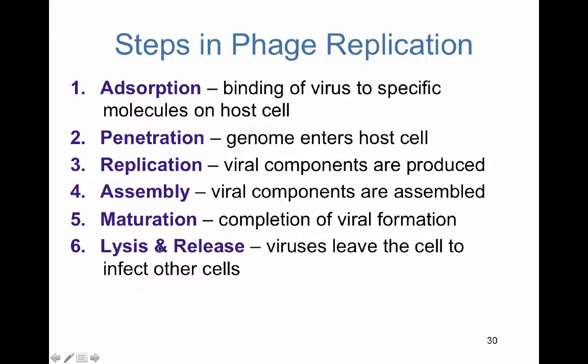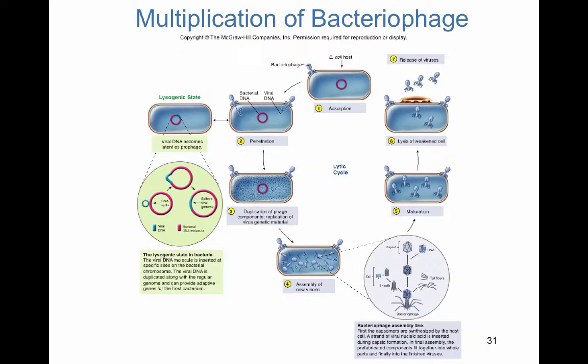There's one added step here that I'm going to cover, but kind of the same process, right? So we have attachment, penetration, replication, assembly, synthesis or maturation, and then release, right? So almost the same process here. The only thing that I'm going to add to the bacteriophage replication cycle is the lysogenic state or the lysogenic cycle.